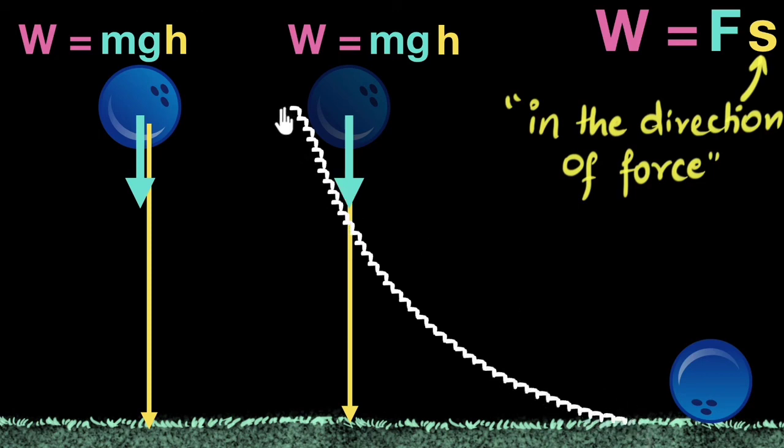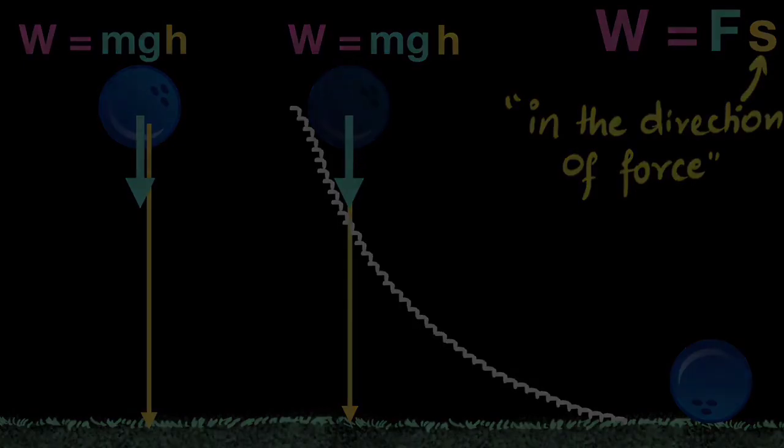And then when the ball goes forward, the work done would be 0. So those displacements don't matter. The only displacement that will come into our equation is the vertical displacement. And when you add all of them up, we saw it'll just be the height. And so regardless of what path the ball takes, the work done by gravity doesn't depend on the path, it only depends upon the height through which it falls.